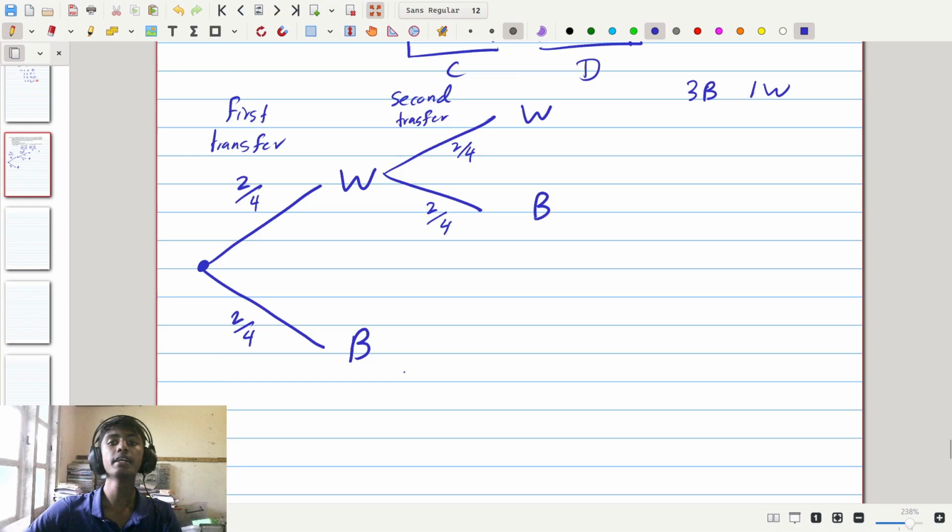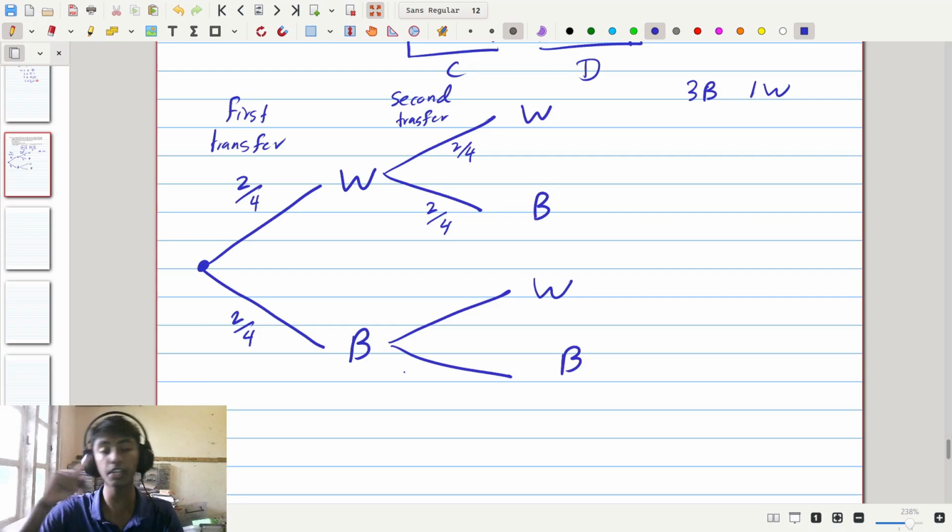Now considering that, if we now choose a random ball from this, we could either choose a black ball or a white ball, and we can see drawing the branches like this for white ball here and black ball here for the second transfer, if there's only 1 white ball out of 4 and 3 black balls out of 4, then the probability that we choose a random white ball out of box D is going to be 1 divided by 4, and the probability that we choose a black ball from box D after moving a black ball into box D is going to be equal to 3 over 4. So now we have this.